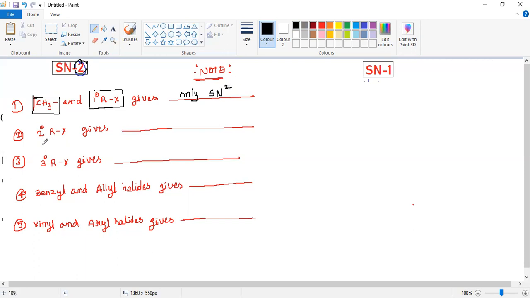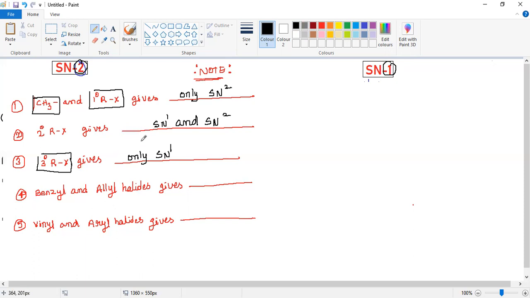What about the secondary alkyl halides? Secondary alkyl halides give both SN1 and SN2. Whereas the tertiary alkyl halide, the higher number, gives only SN1, only SN1.